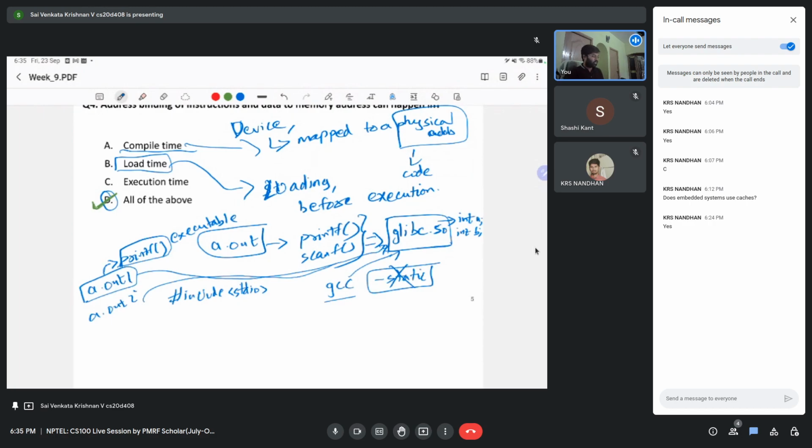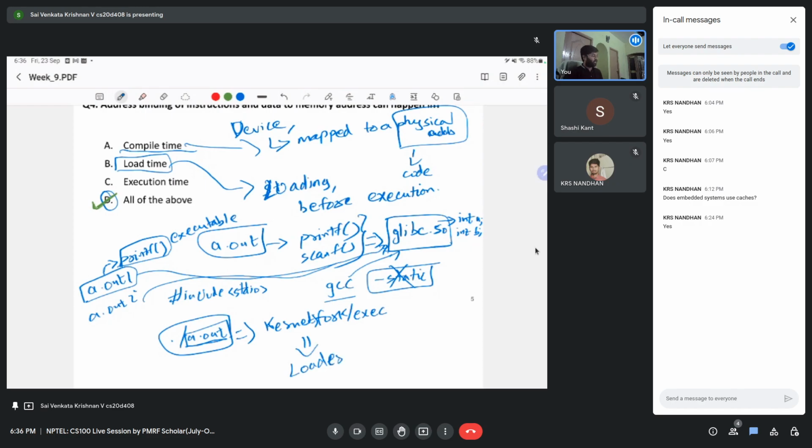So what happens is, when you do ./a.out, this invokes your kernel for creating a new process based on the binary image, the set of instructions located in this a.out file. The kernel will do the fork operation and exec, and then it gives control to a loader.